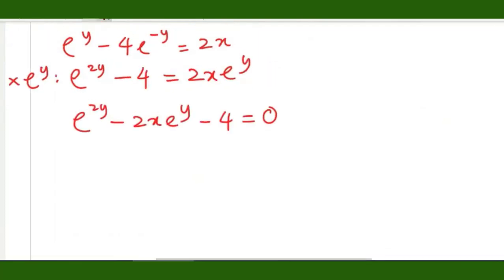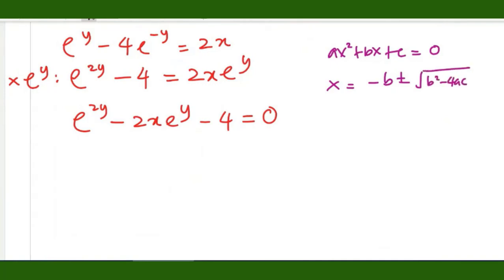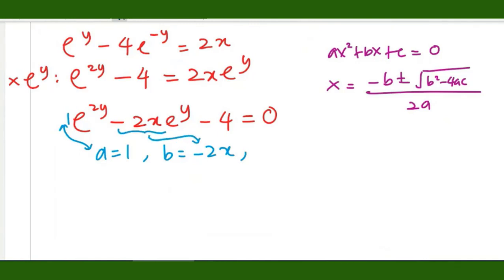Let me rewrite the quadratic formula for ax squared plus bx plus c equals 0. So x will be negative b plus minus the square root of b squared minus 4ac, over 2a. For our case here, identify our a value, which will be equal to 1. Our b is negative 2x, and our c is negative 4.